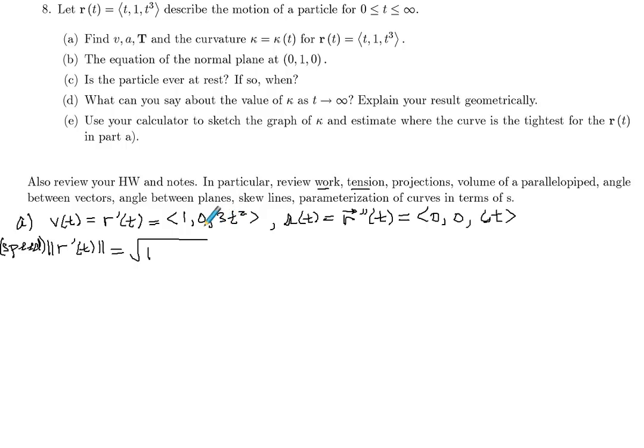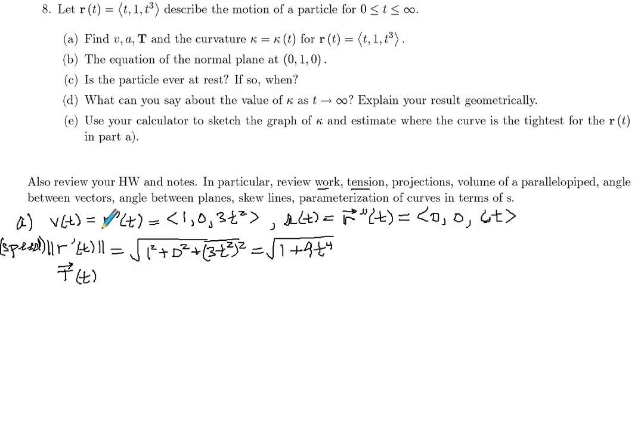And square the 0, we don't get anything there, and then square our 3t squared. So this is just going to be square root of 1 plus square the 3, we get 9, square our t squared, t to the 4th. So there's our length of r prime.